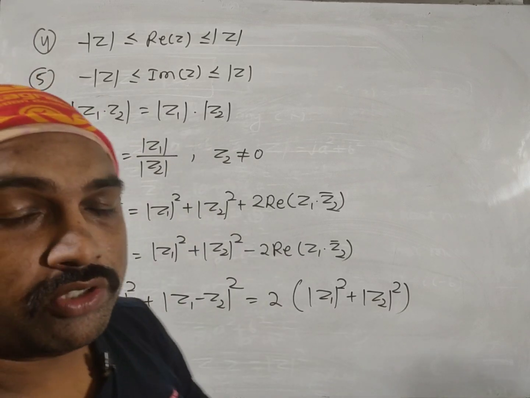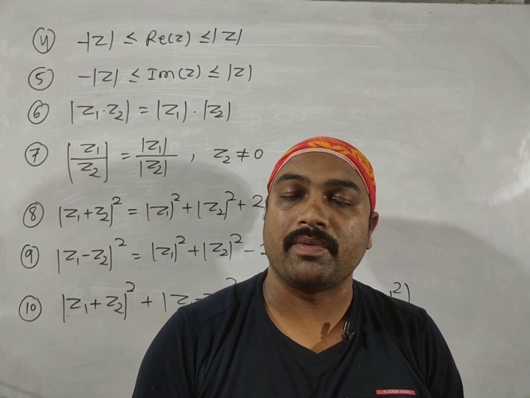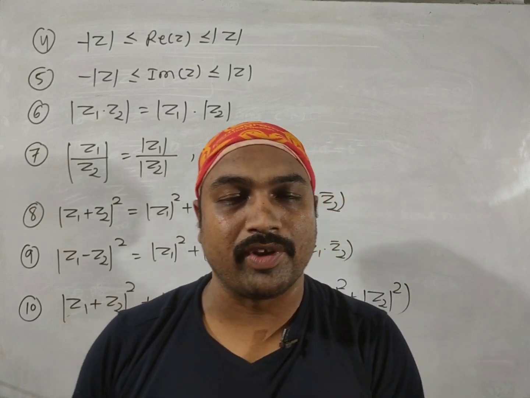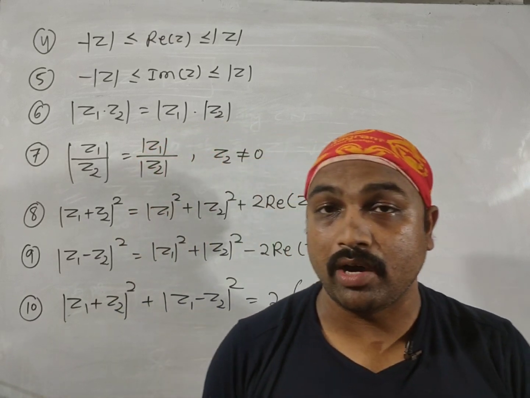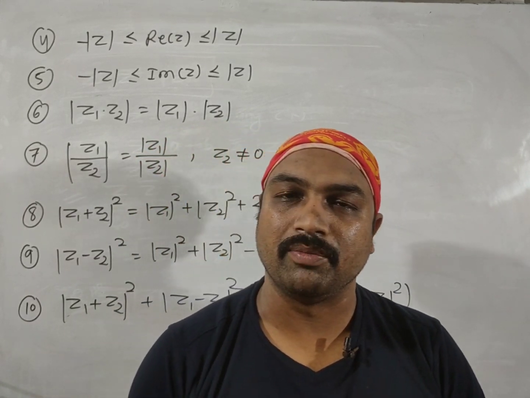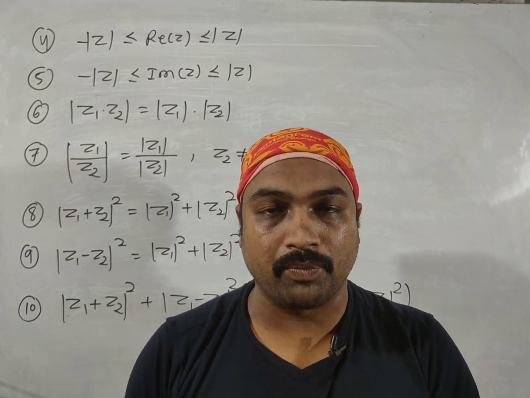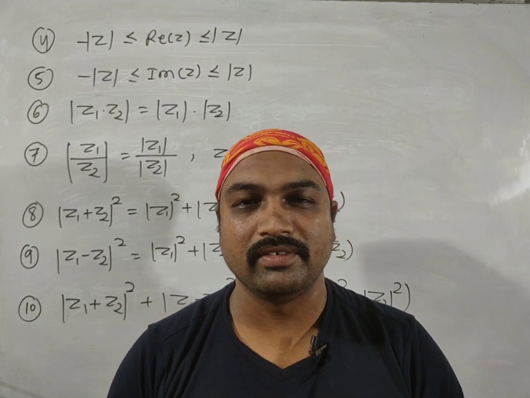So particularly in this video session, we have discussed the modulus of a complex number, then we have discussed some of the problems based upon modulus of a complex number, and at last we have discussed the 10 important properties based upon modulus of complex number. In the next video session, we are going to discuss some more problems based upon this modulus of complex number. Till then, thank you.